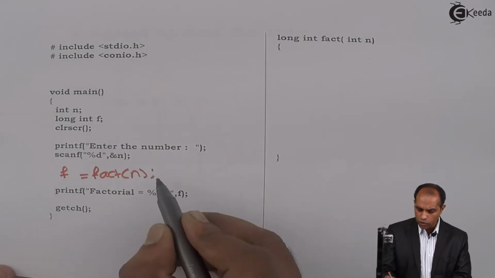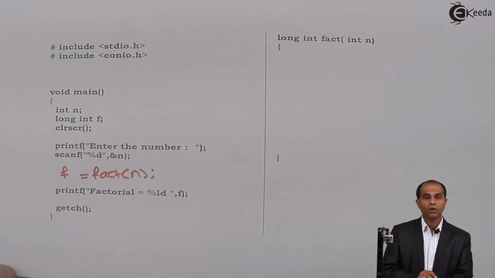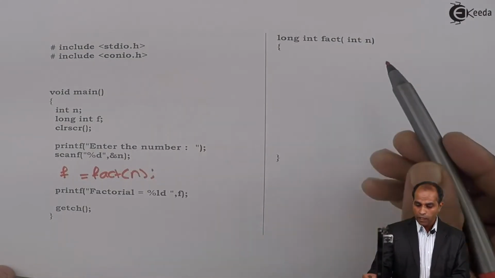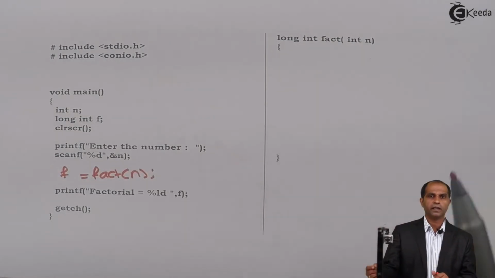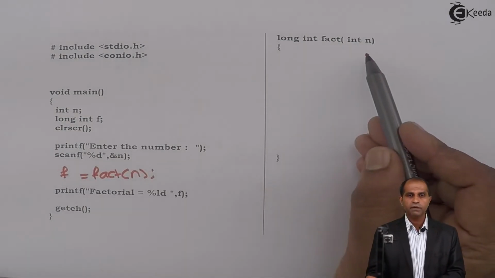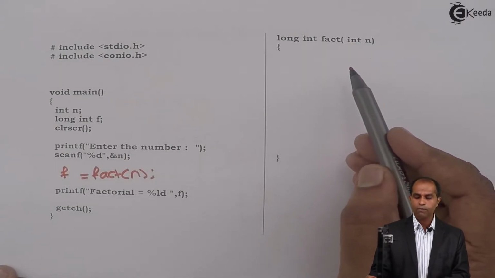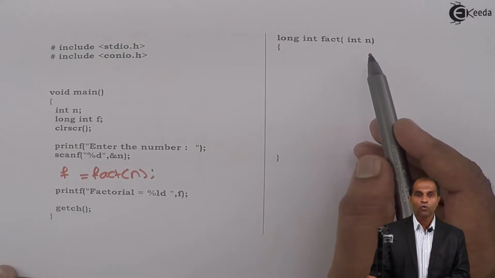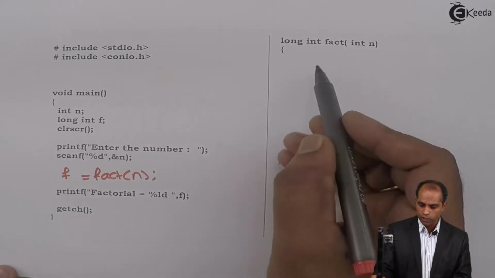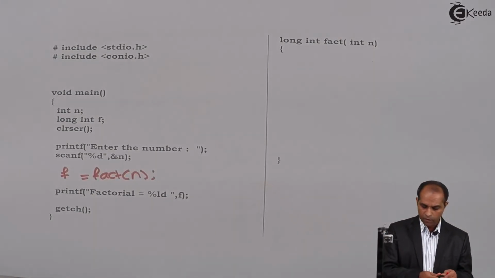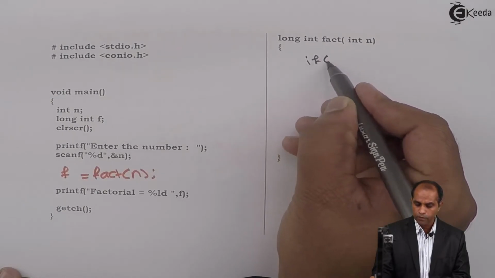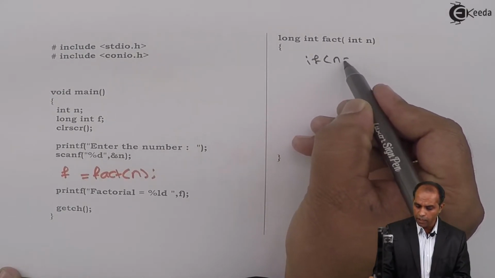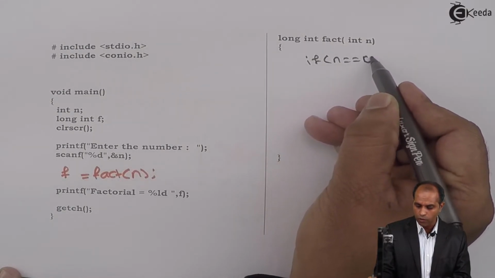So now when fact is called, it goes to the other side and gives a call to fact function. So now I'm not supposed to use loop. I'm supposed to implement the one which I said in the ladder diagram. When a number is received, what do you do? You have to check, is this the number whose factorial I'm aware of? So how do you say that? I'll check if n equals to 0.